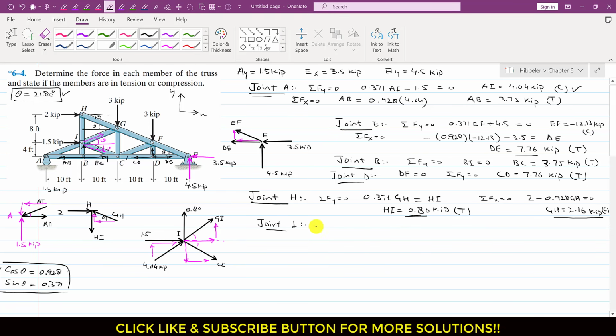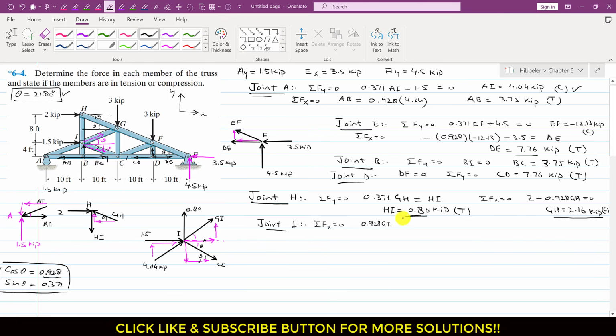So now if I apply the summation of forces along x equals 0 at joint I, we will have this component, right? This is the cos component of GI. The cos value is 0.928, so GI cos theta is 0.928 GI. And similarly this component of CI is also acting in the positive x direction, and it is the cos component. If this is that same theta, then this is also that same theta.